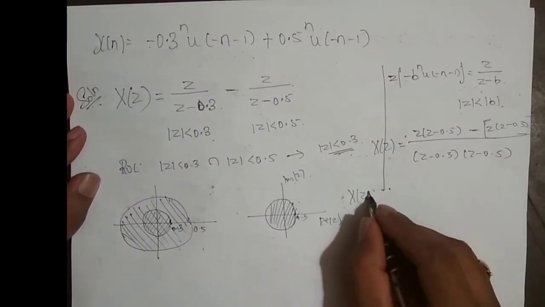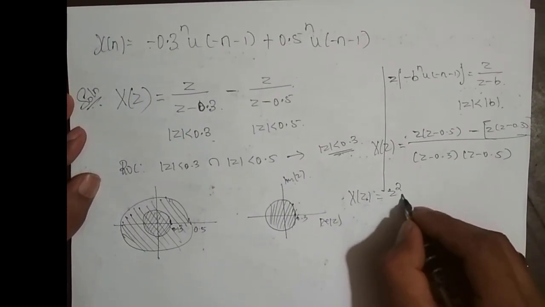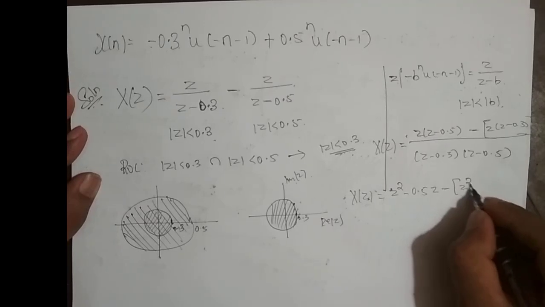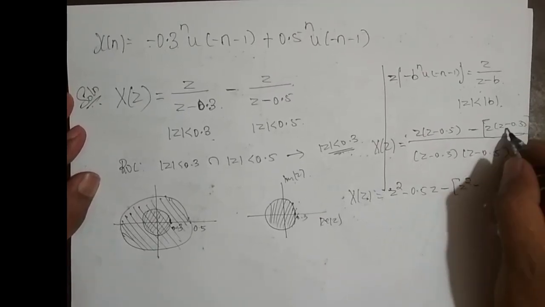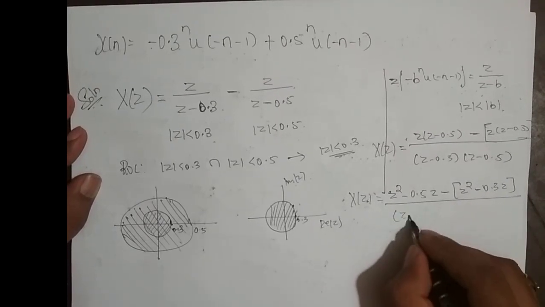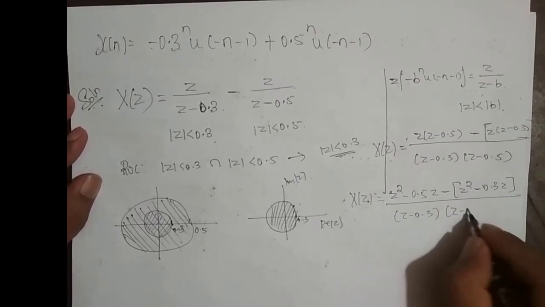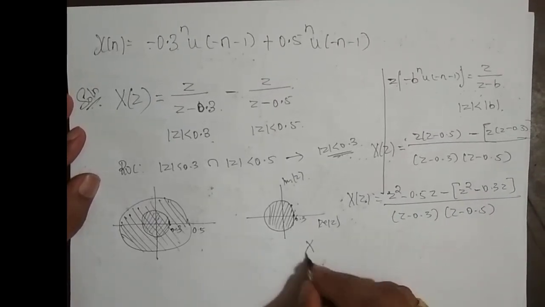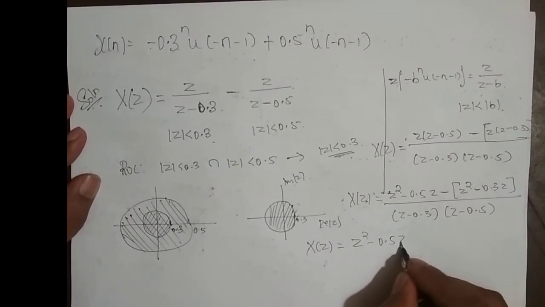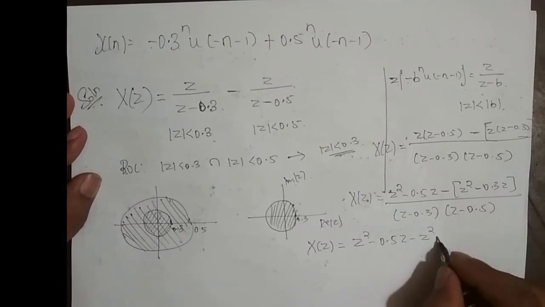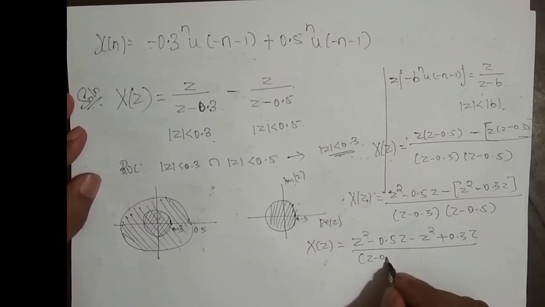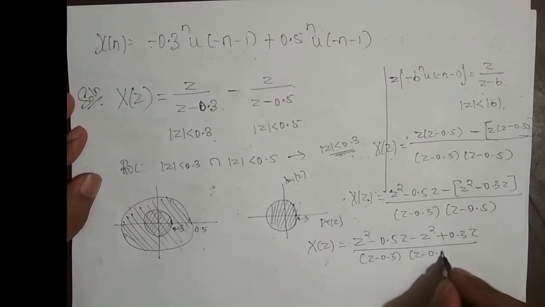So X of z is equal to z square minus 0.5 times z minus z square minus 0.3 times z, whole divided by z minus 0.3 into z minus 0.5. So X of z is equal to z square minus 0.5 z minus z square plus 0.3 z, whole divided by z minus 0.3 into z minus 0.5.